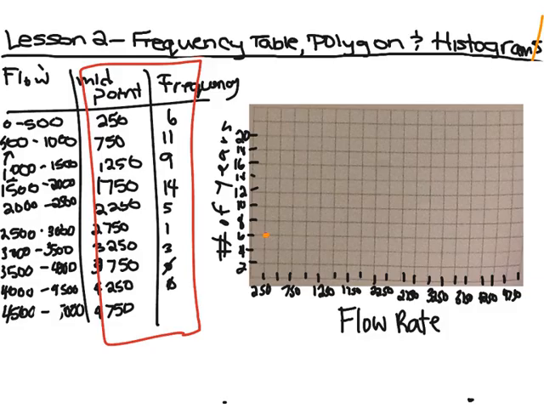Our next point is 750 and 11. 1,250 and 9. 1,750 and 14. 2,250 and 5. 2,750 and 1. 3,250 and 3. 3,750 is 0. 4,250 is 0.